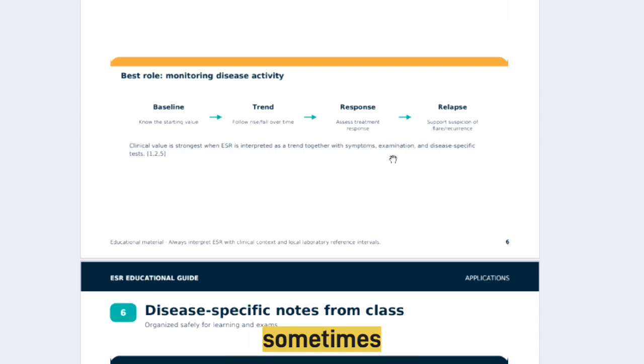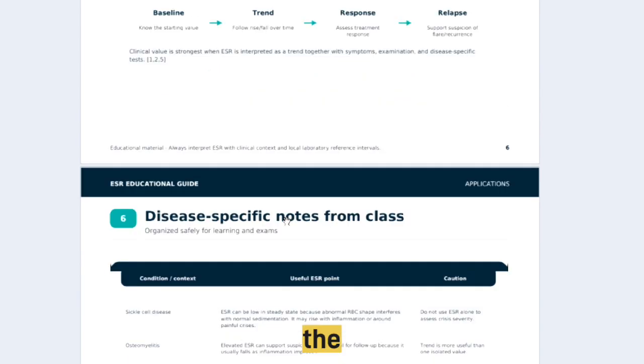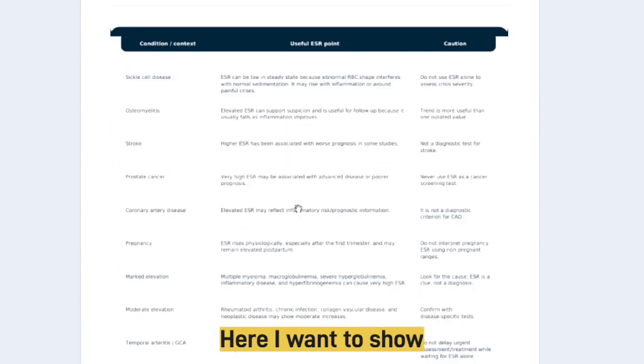And sometimes months or years after complete treatment, an increased ESR supports suspicion of flare-up or recurrence of the disease.